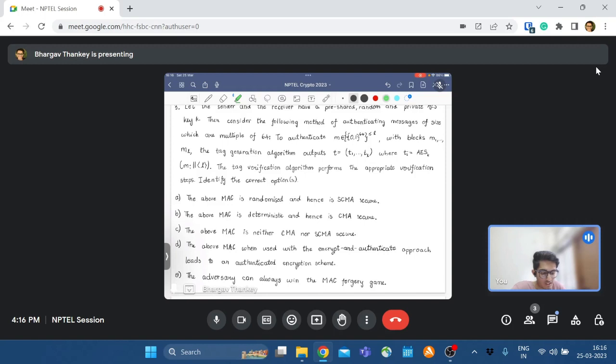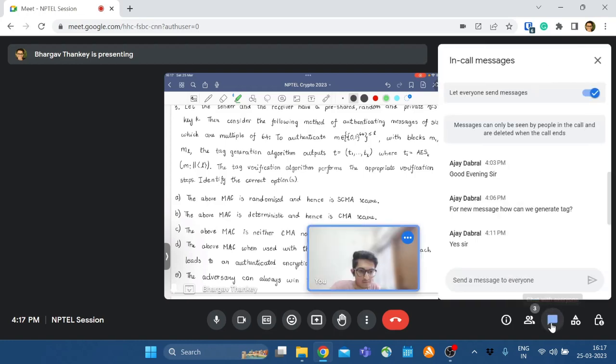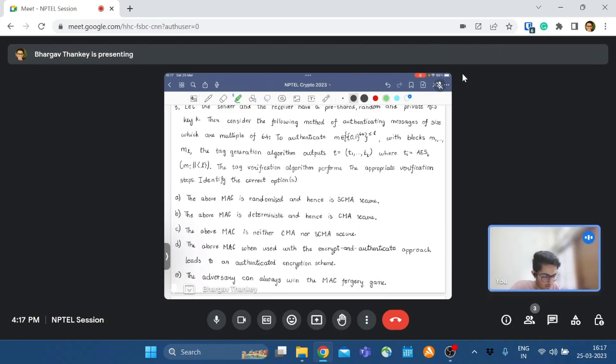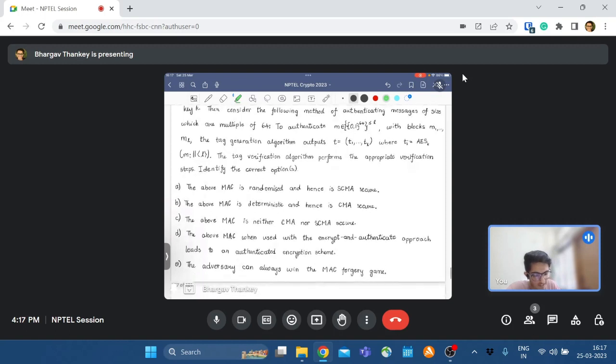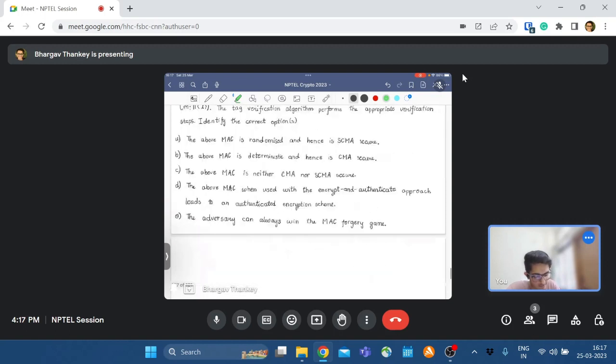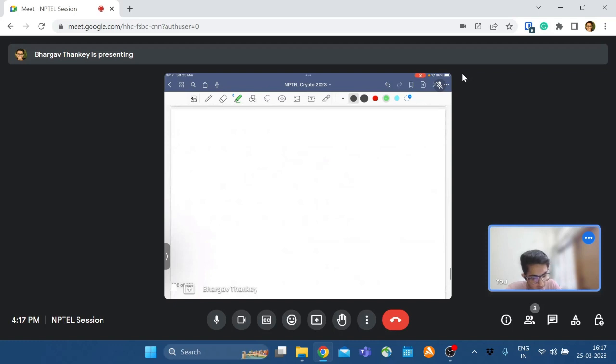In fact, what we will show is that option C is correct. MAC is neither CMA secure nor SCMA secure. And let's see why. In fact, what we can do is something very similar to what we did in the previous problem. So we have a verifier and an adversary.